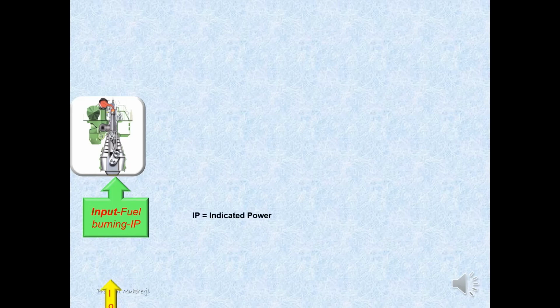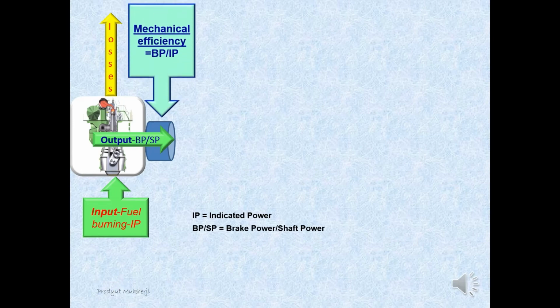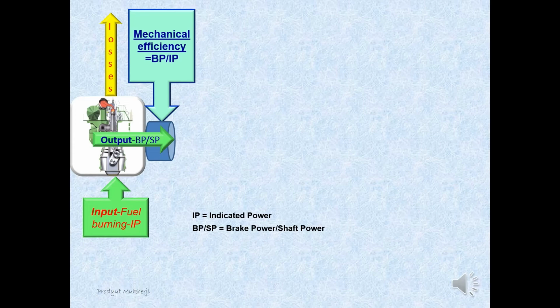Input to this is indicated power. It will have its own losses. Output will be brake power, also called shaft power, because the next machine is a shaft. So the mechanical efficiency of the engine can be expressed as output by input, brake power by indicated power.